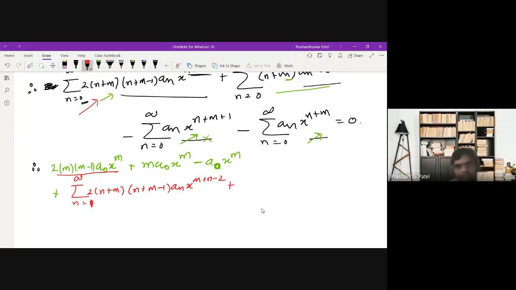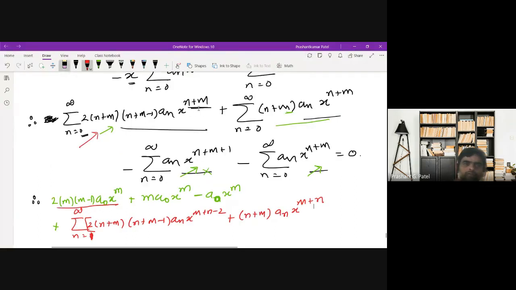Plus summation, this also starts with 1, the second sum. So that's why I'm writing both together. So plus n plus m an x power m plus n. Why is it minus 2? I have written wrongly. This is not minus 2. It is actually m plus n.